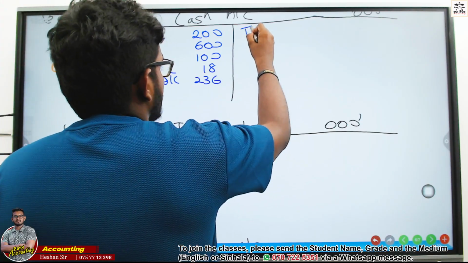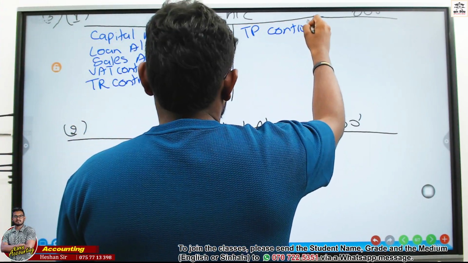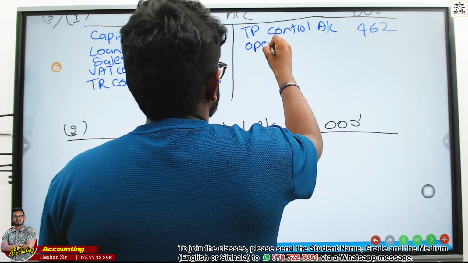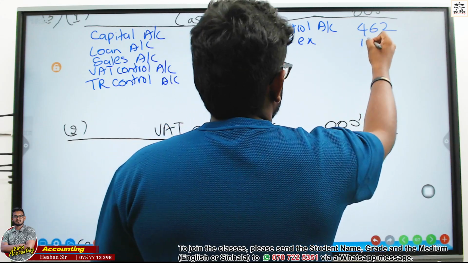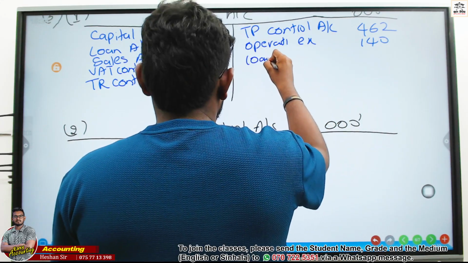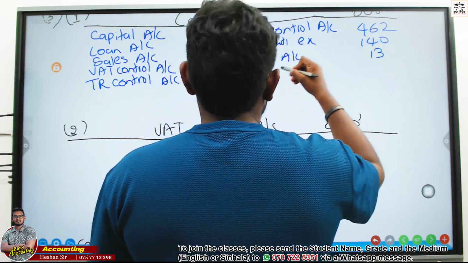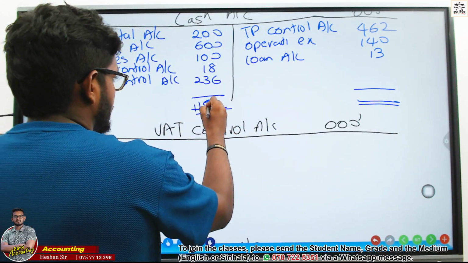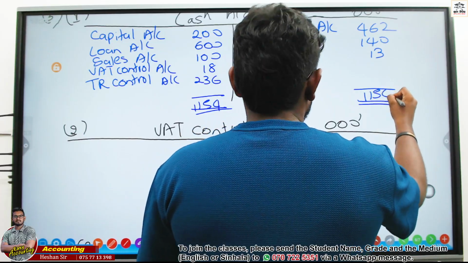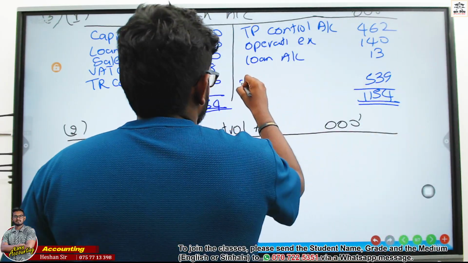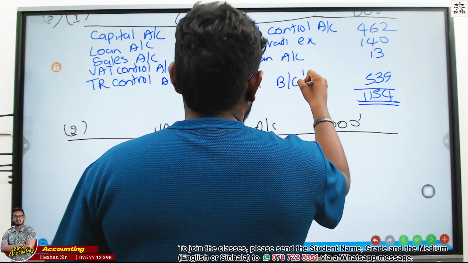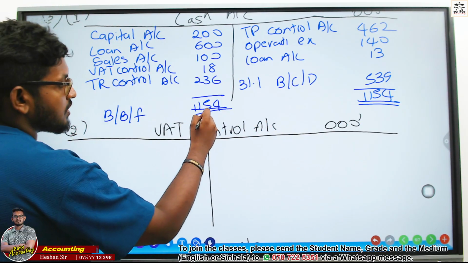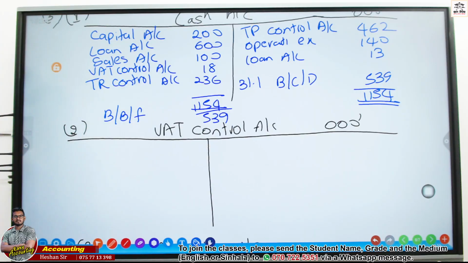In here, trade payable control account 462. Operating expenses 140. Loan account 15. These are the things. You can see 1154, 1154, 539. 31st of January BCE, BBF 509, right?